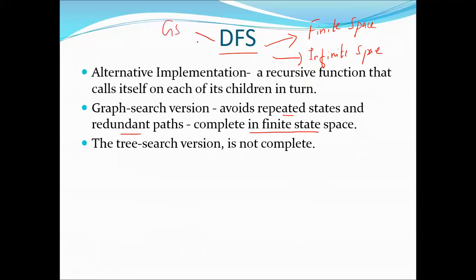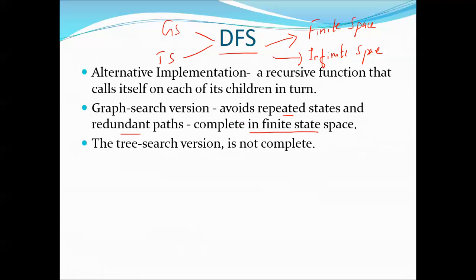So here we say that in finite space, it is complete. What does it mean? What is the definition of complete? An algorithm is said to be complete if it will find a solution, if a solution exists. That is, if a solution exists, then somehow it will find that. Such an algorithm is called complete. Otherwise, it is called incomplete.